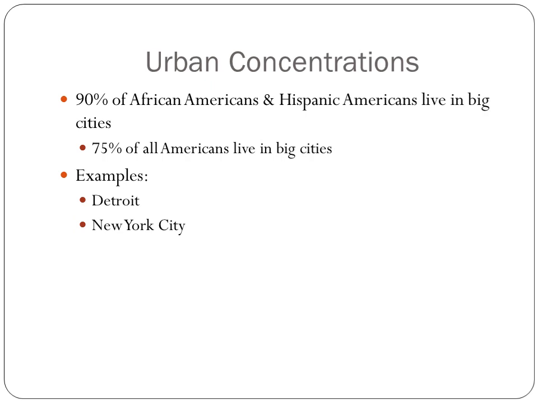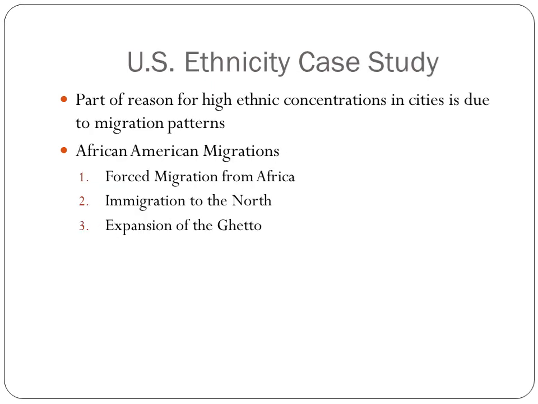Now let's look at why that might be. So let's take a look at the migration patterns, in this case for African Americans, to try and explain why this might be.